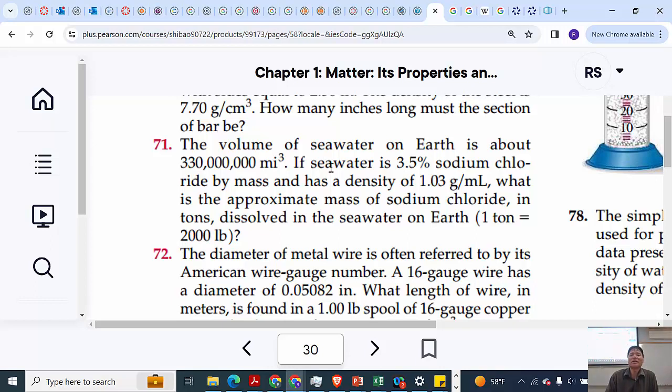All right, try this problem next. The volume of seawater on Earth.